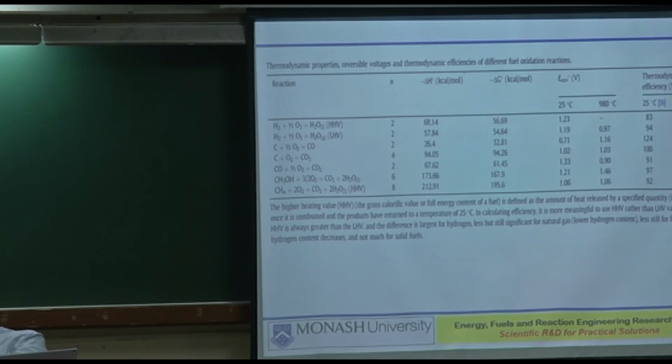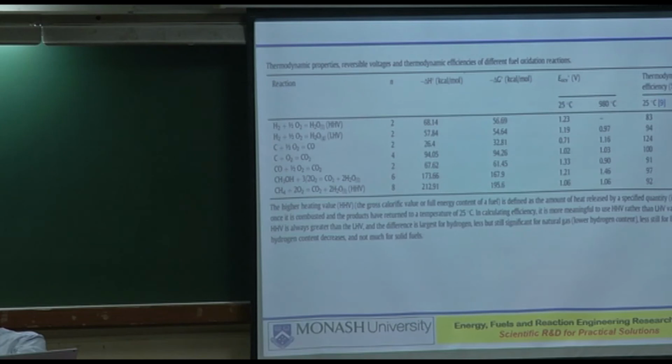So if you give the lower heating value based energy input in the denominator, your efficiency figure will skyrocket. I'm not suggesting that it is wrong, but the higher heating value is more meaningful. That's what these people say, and that's what I believe too.